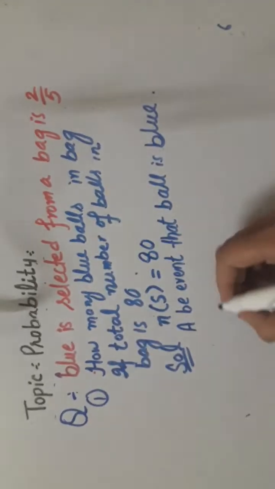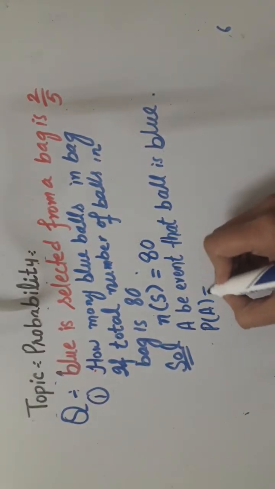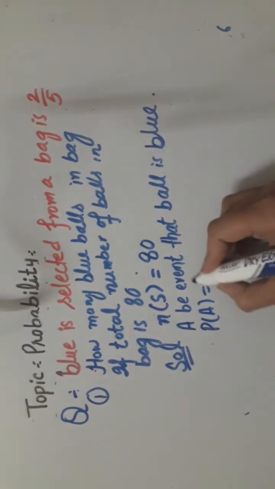So we will solve this as: probability of A is also given, which is equal to 2 by 5.